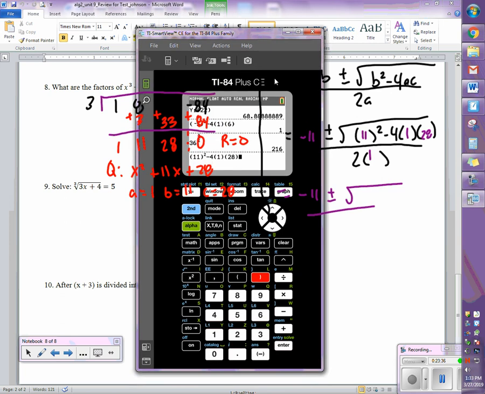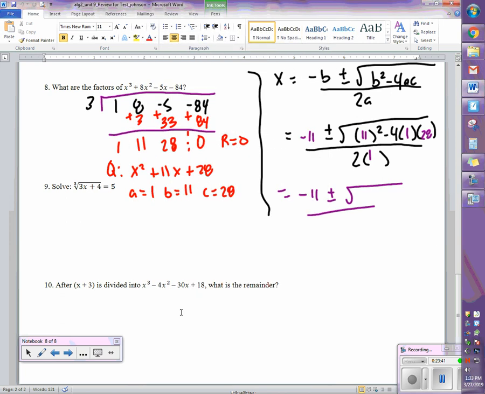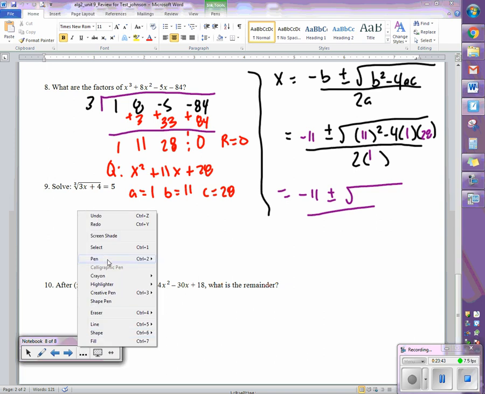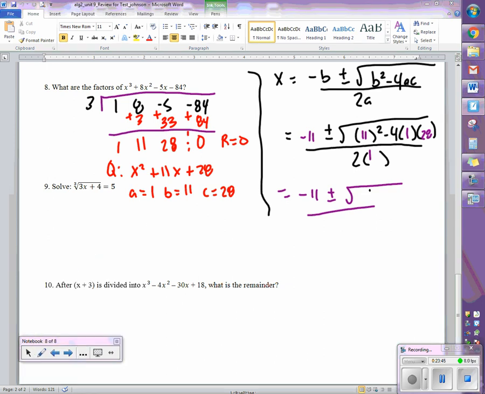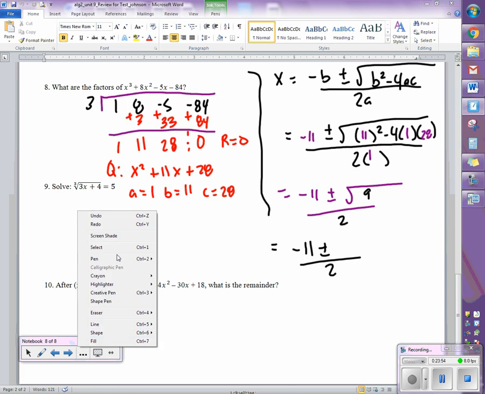Double check that it's in correctly and hit enter. I got 9. So my discriminant is 9. 2 times 1 is 2. The square root of 9 is 3.